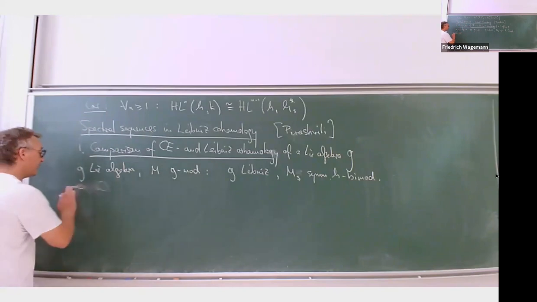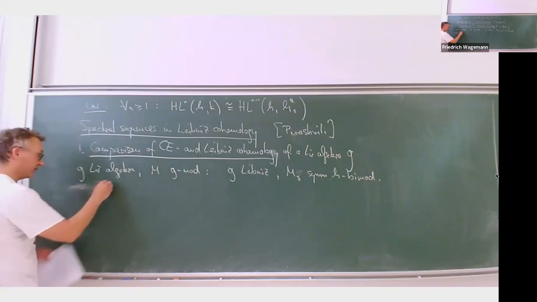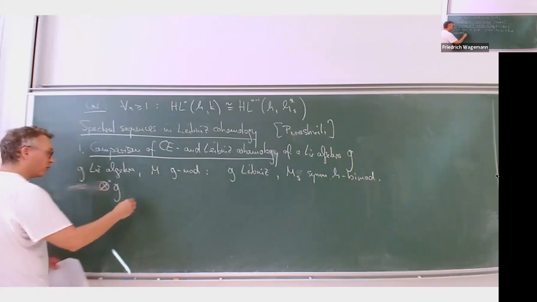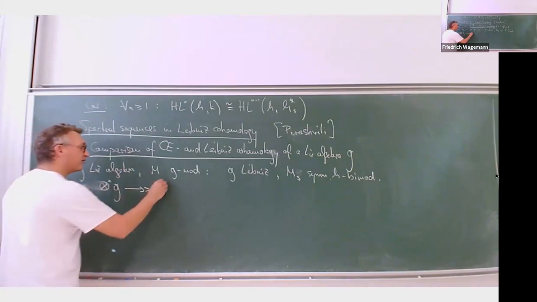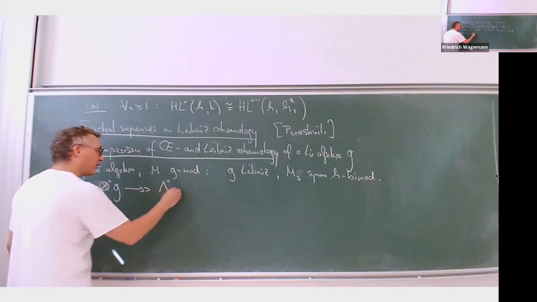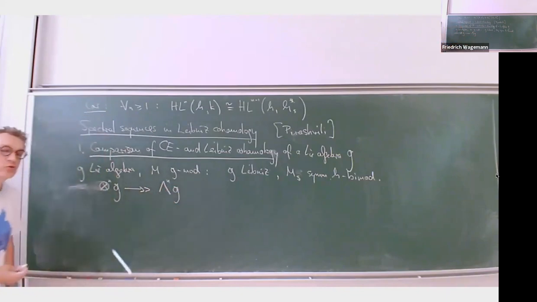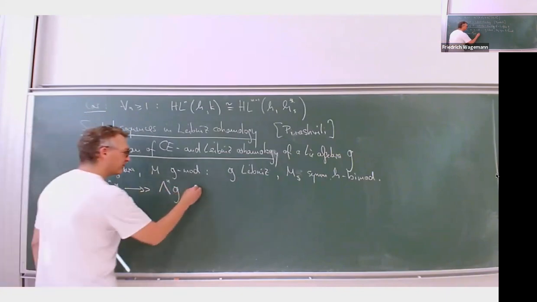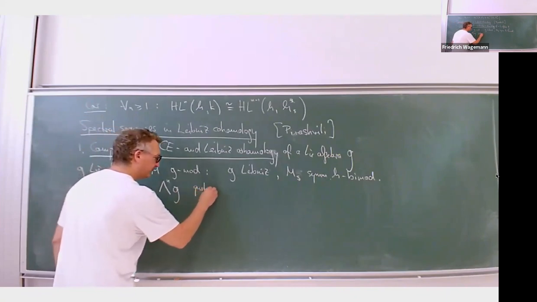You have the tensor complex of G, which has the exterior complex of G as a quotient. This is a quotient.